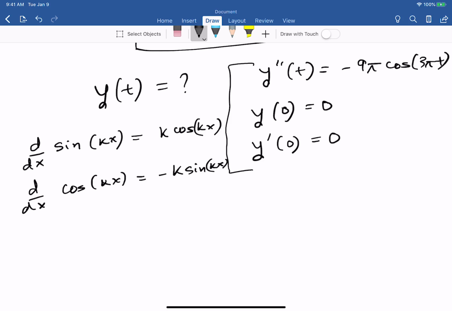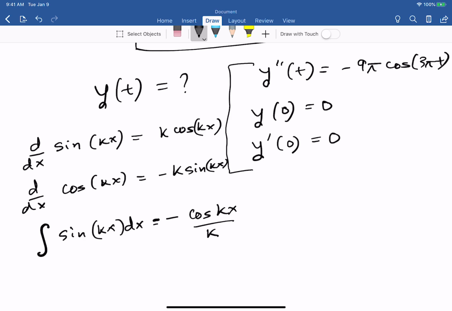All right, and from this you can also figure out the integral. So the integral of sine kx is going to be minus cosine kx divided by k. And you can verify this by just taking the derivative of the right hand side and seeing if you get sine kx. Oh, and the very important thing I forgot to write down is you should always indicate which variable you're integrating with respect to.